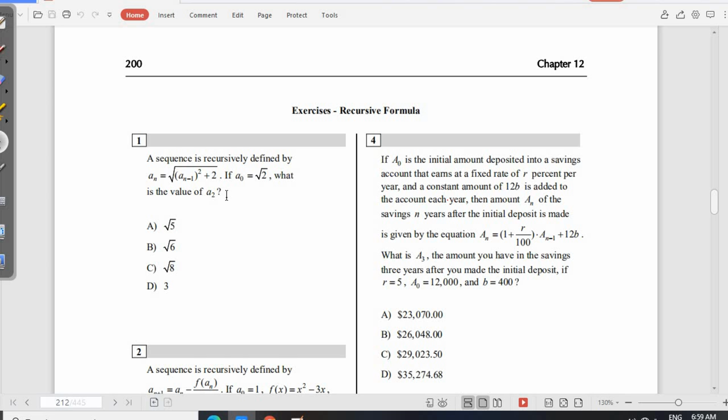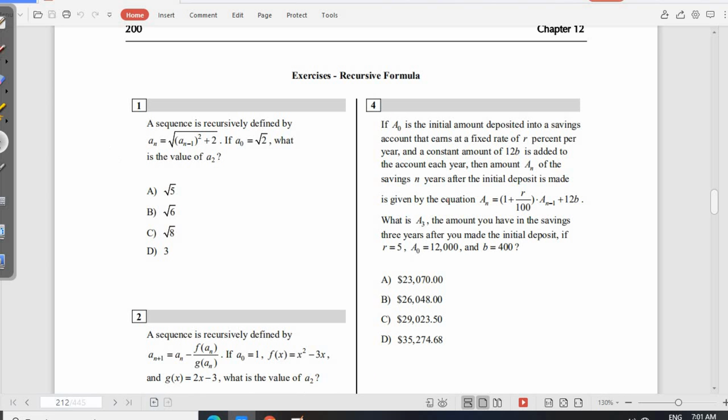When we are looking at a recursive formula, we're looking at how we could do something over and over, although in SAT not many times, but doing things over and over. Let's solve this particular one: a_n equals the square root of (a_{n-1}) all squared plus 2. If a_0 is equal to root 2, what is the value of a_2?